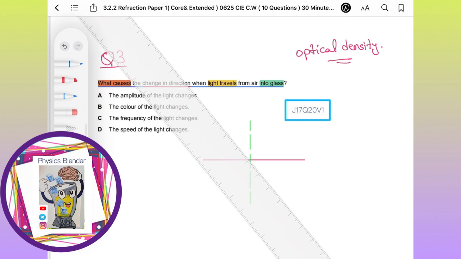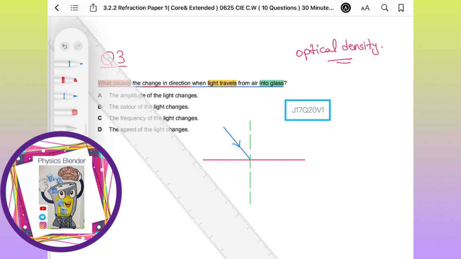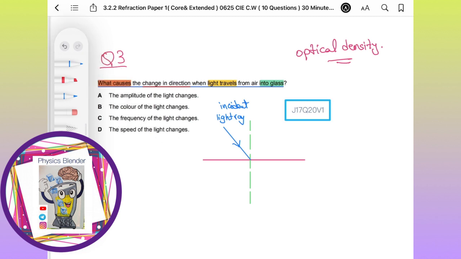So here from air into glass, the light is traveling in this direction. So we have here the incident light ray. And we have two different media. We have here air and we have here glass.